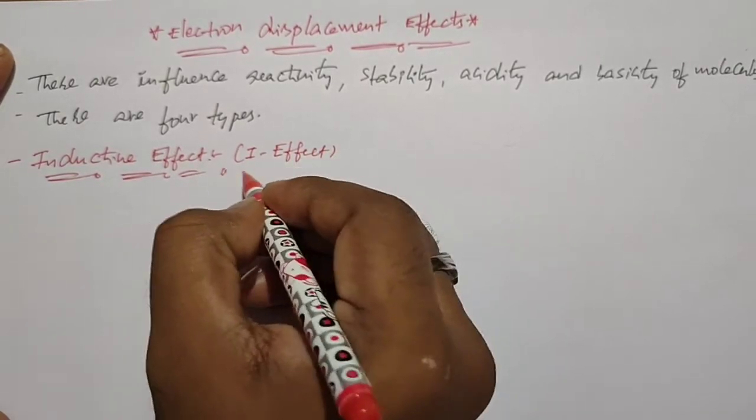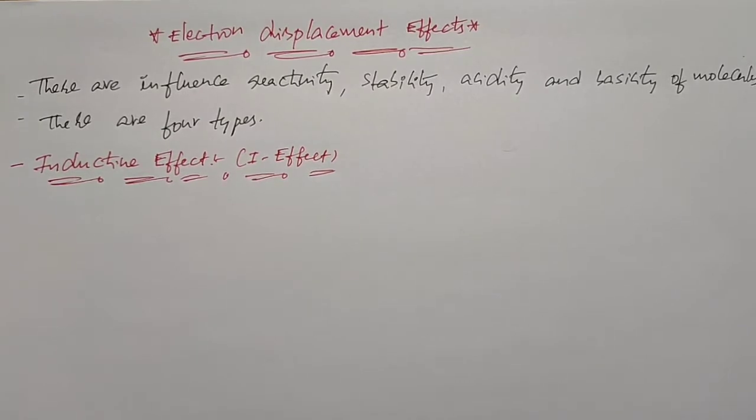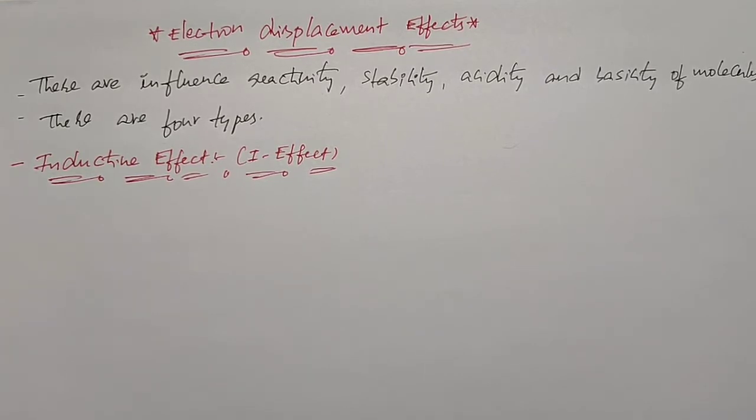What is meant by inductive effect? Inductive effect is a partial displacement of sigma electrons towards a high electronegativity atom, and this effect is transmitted along the carbon chain, but it is negligible after the third carbon.